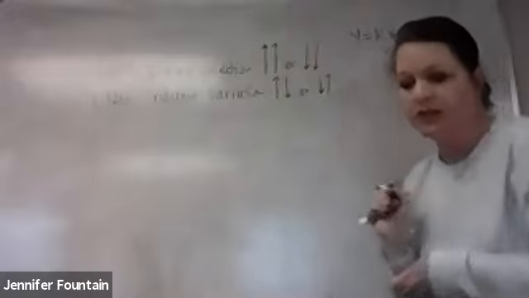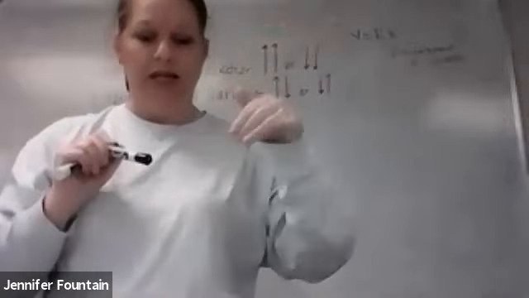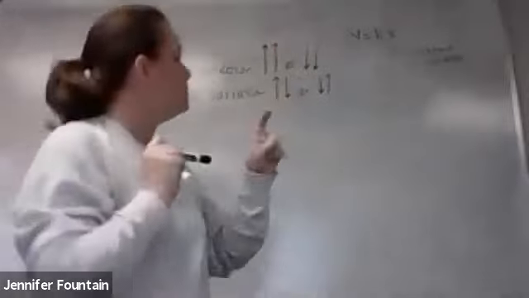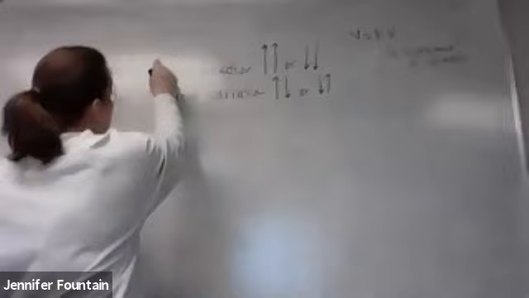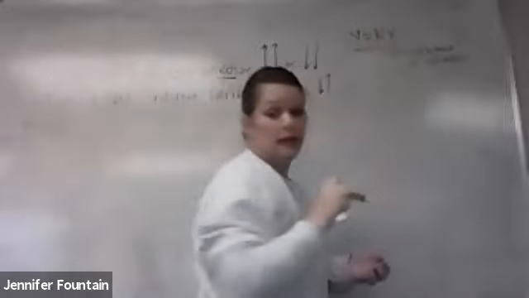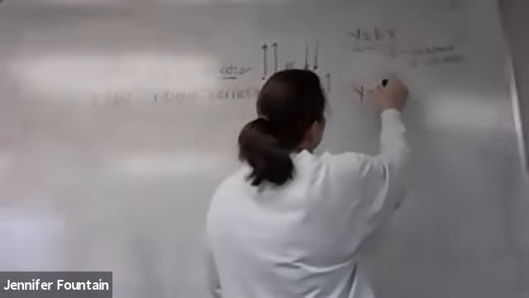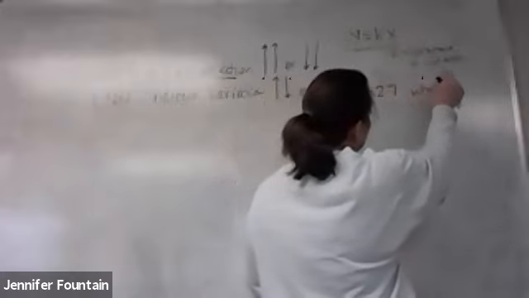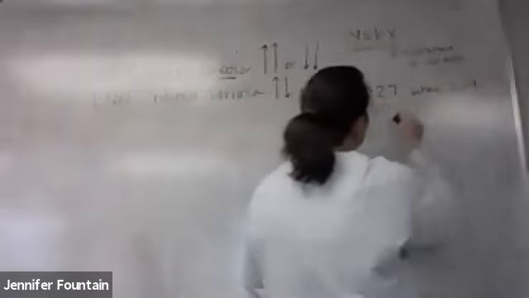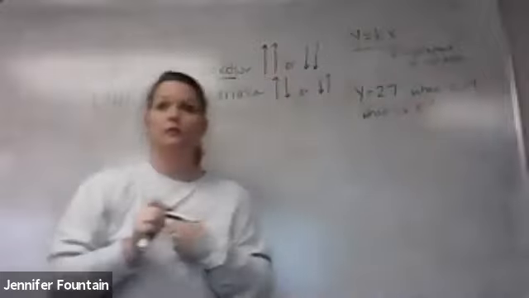So let's look at an example of this. Notice in our purple box underneath, it says if Y varies directly. When it says varies directly, that's meaning direct variation. So it says if Y varies directly with X and Y equals 27 when X equals 9, what is K?